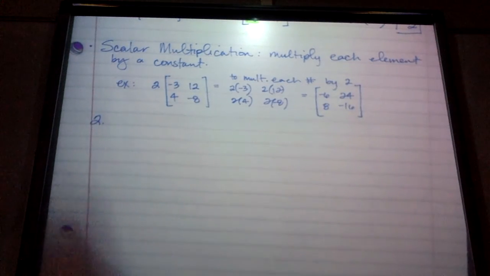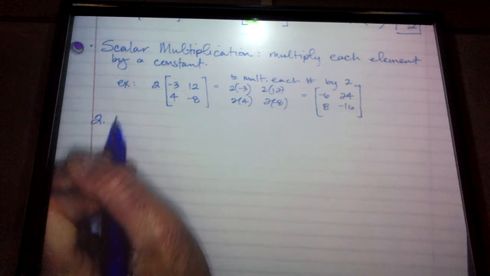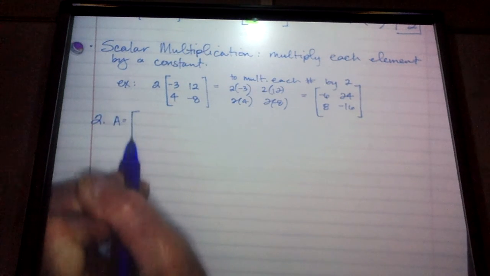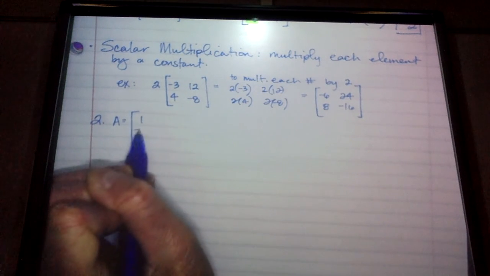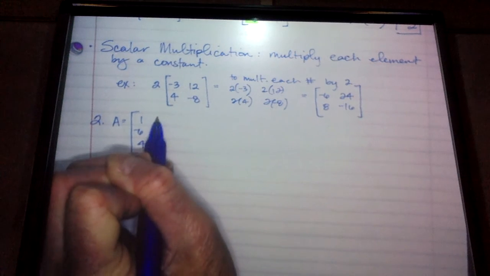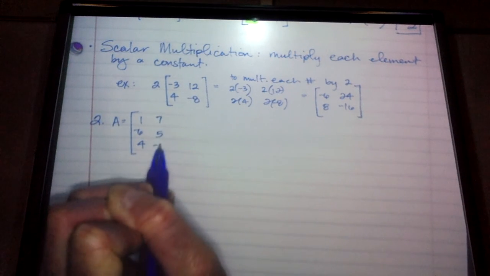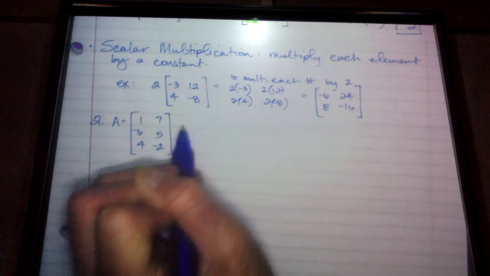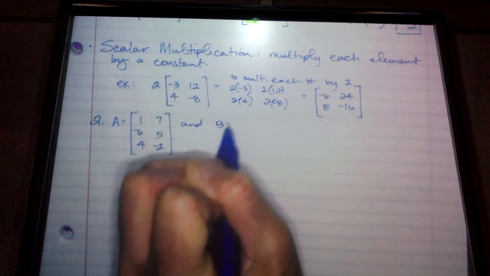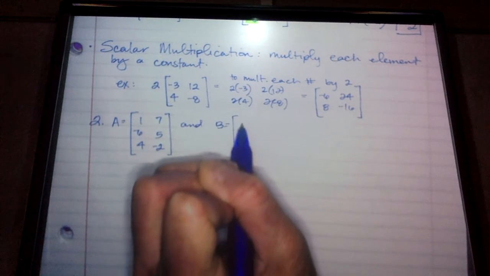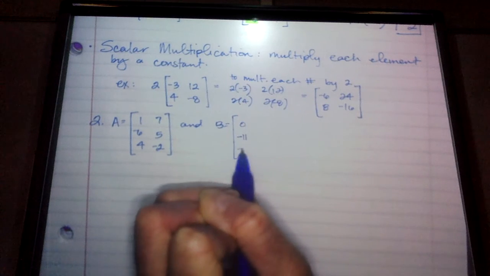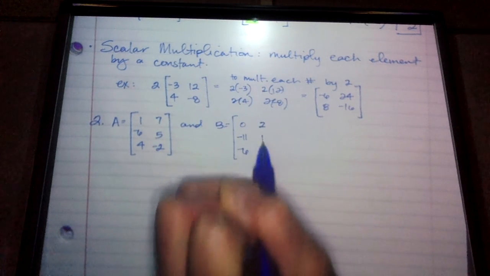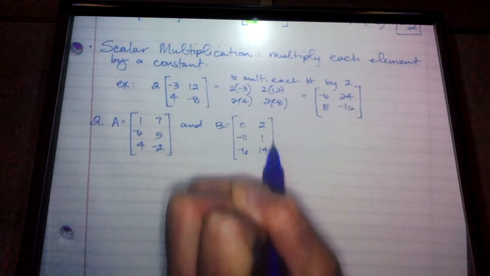I'm going to give you the same matrices I gave you above. So matrix A is 1, negative 6, 4, 7, 5, negative 2. And B is the same one as up above: 0, negative 11, negative 6, 2, 1, 14.